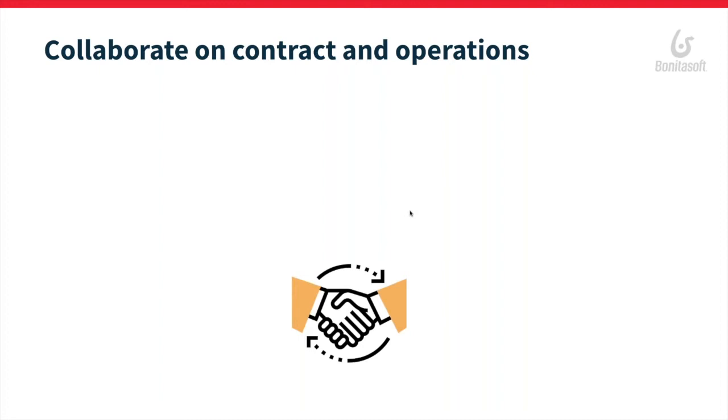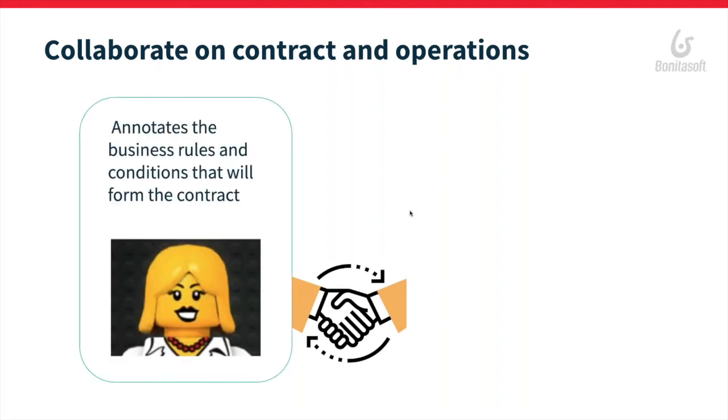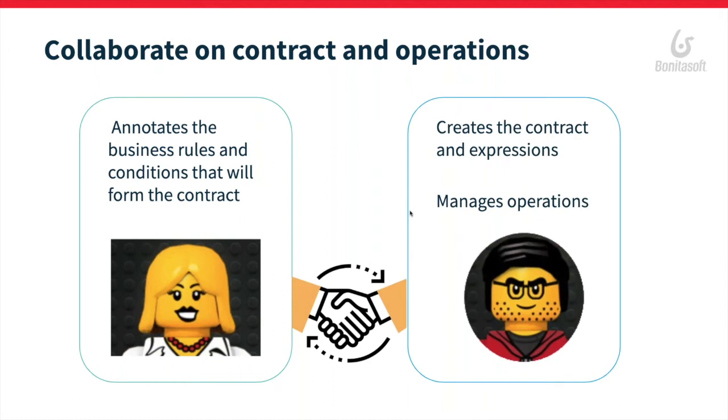It's technical, so it will be managed by Dave, working from the annotations from Cindy. So Cindy is going to annotate the rules and the conditions that will form the contract, and Dave is going to create it to write the expressions in Groovy and manage the operations to update the data.